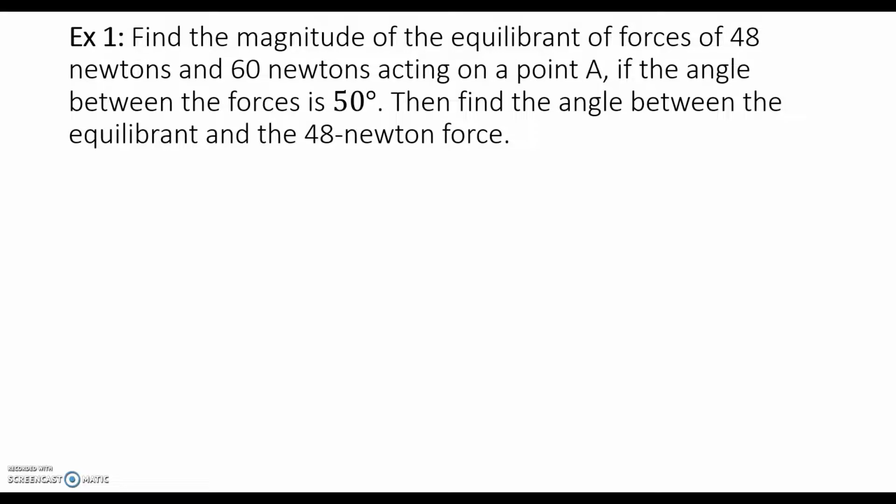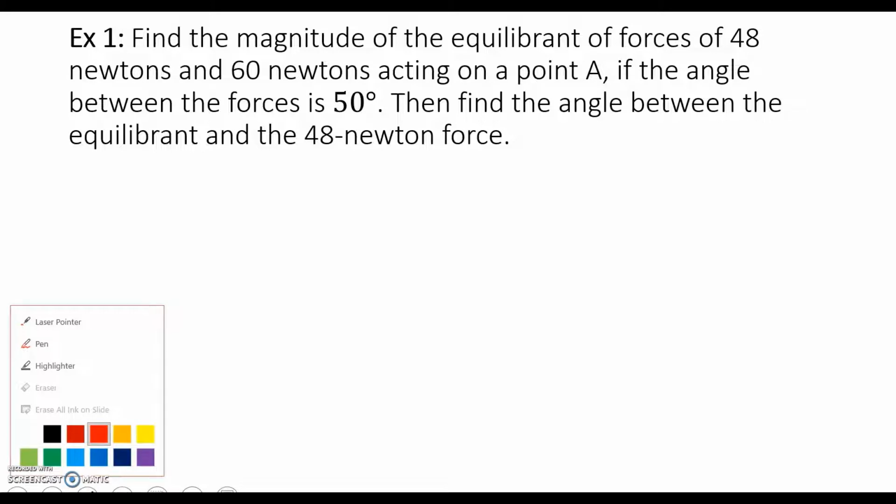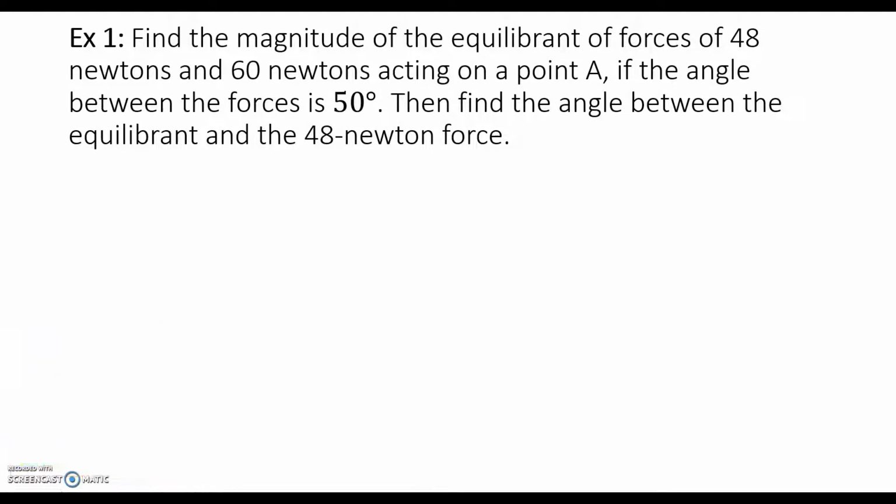First thing we have to do is sketch a picture. That's always what you want to start off doing. So we have two vectors. The first vector, I'm just going to draw a line.